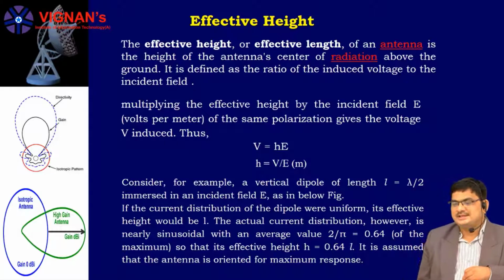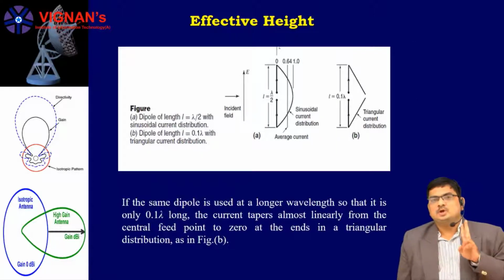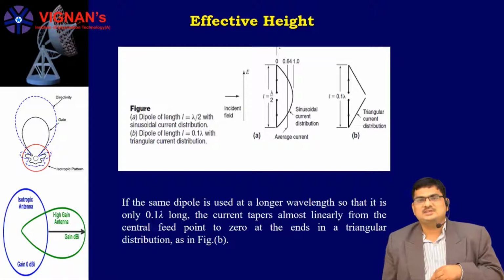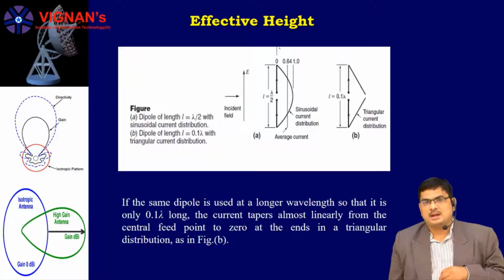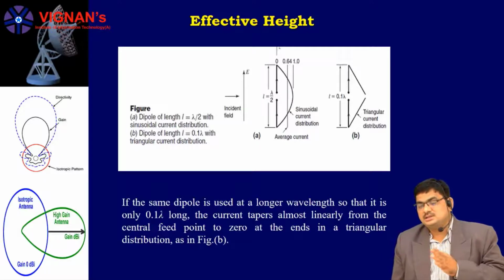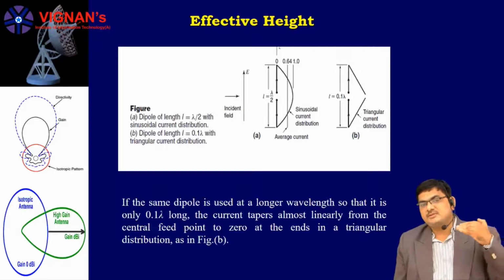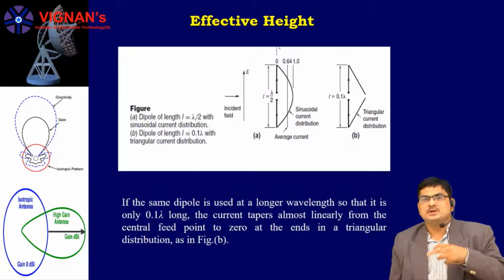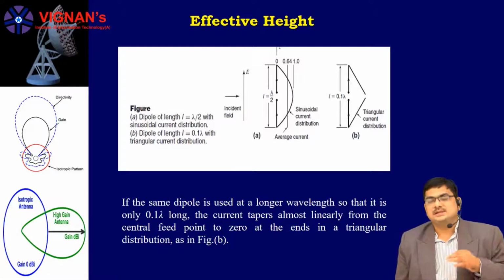In the example, we have taken two antennas. One is a dipole antenna with length L equal to lambda by 2. There is an incident wave traveling to the antenna. The current distribution of this half wave dipole is sinusoidal.